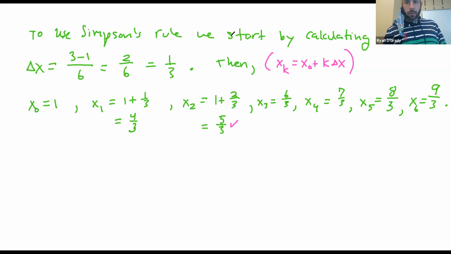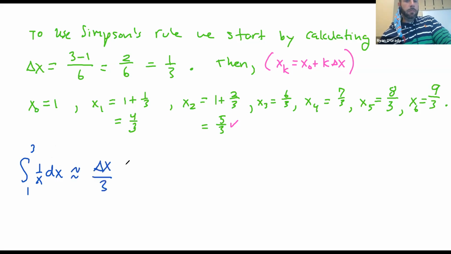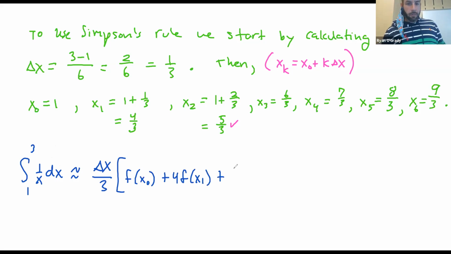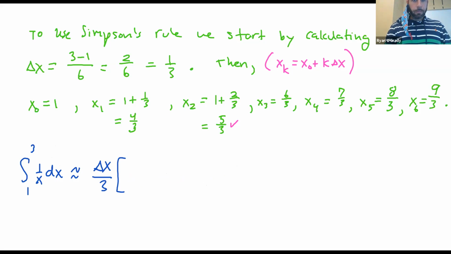Let's change colors. We now know that the integral from 1 to 3 of 1 over x dx is approximately delta x over 3, and then it's f of x sub 0 plus 4 times f evaluated at x sub 1. Well, let's be more clear, because we already know what f is, so let's write it out a little cleaner.